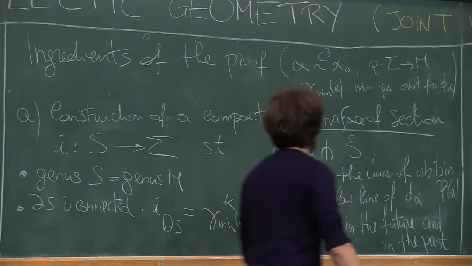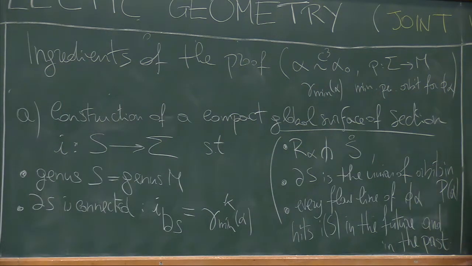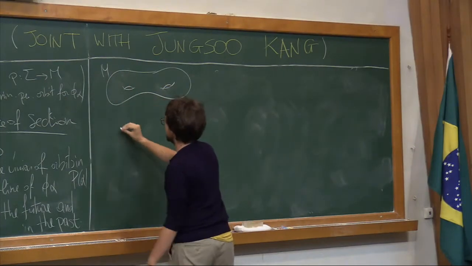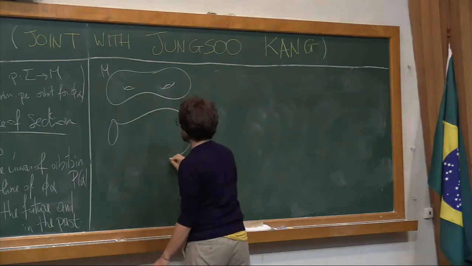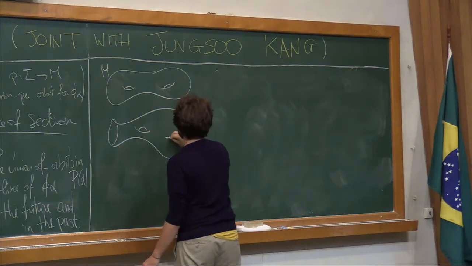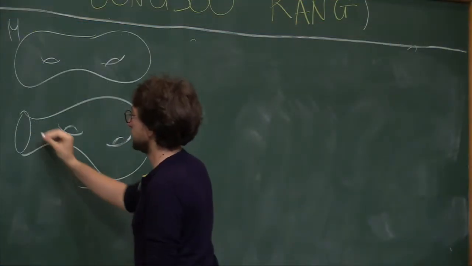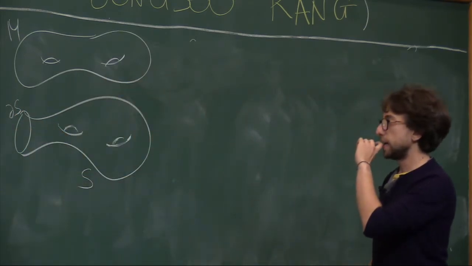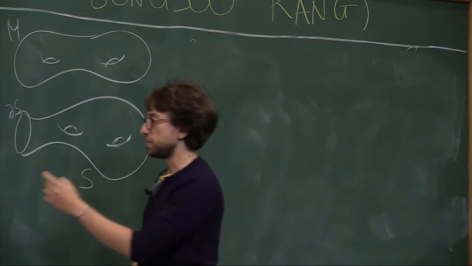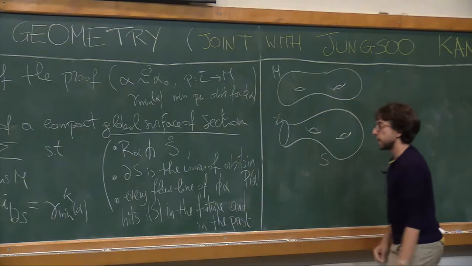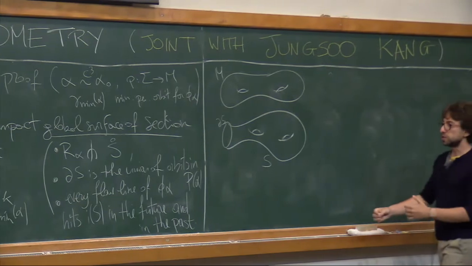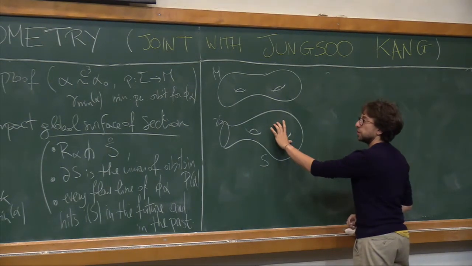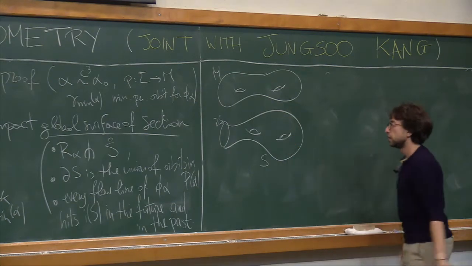Okay, so if, for example, here is M, then S is just something like this. So this here is the boundary. And now, as was also explained by Dan before, once we have a surface of section, we can reduce our Reeb flow to a kind of Hamiltonian diffeo of the surface.